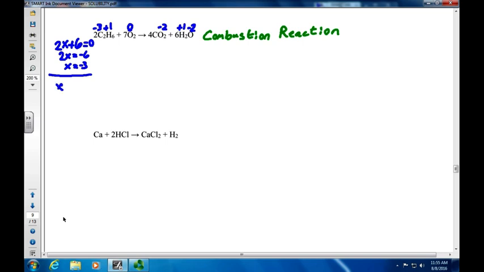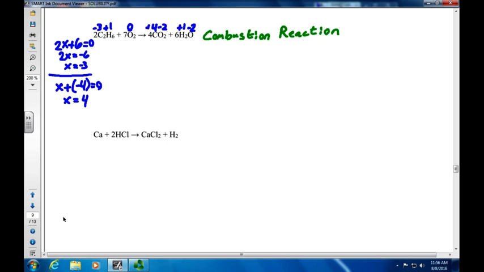We have x plus -2 times 2, so -4, is equal to 0. So x has to equal 4, because you would just add 4 to both sides to isolate x. So our carbon on the product side is positive 4.